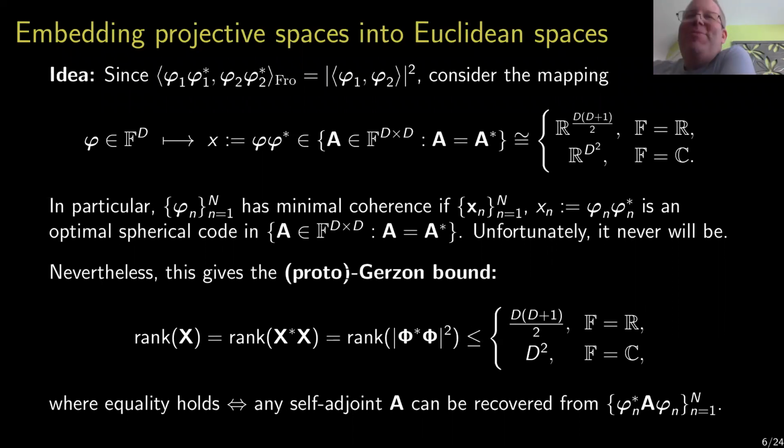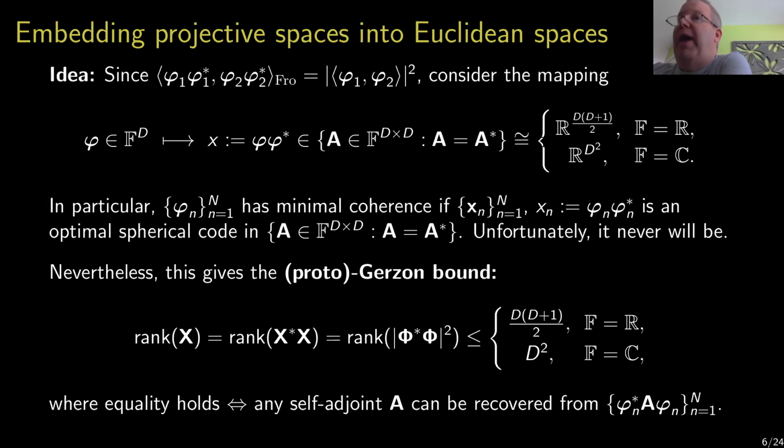And so what we can do is say, hey, remember, since the inner product of the outer products is just the modulus squared of the original one, I can think about this mapping where I take any column vector, d by 1, and I assign a vector in the space of all self-adjoint operators by taking its outer product with itself. And that space is itself a Euclidean space, and its dimension varies based upon whether the underlying field is real or complex.